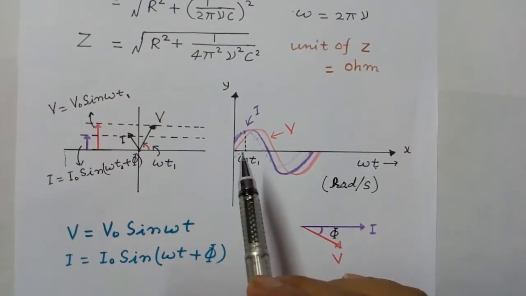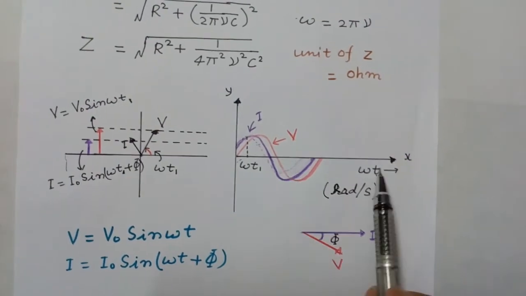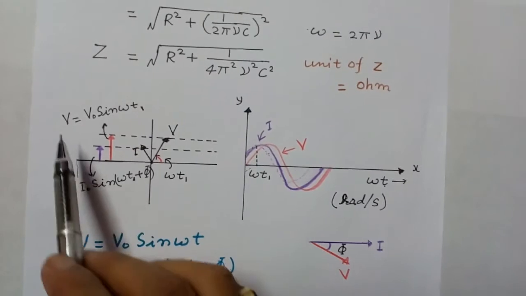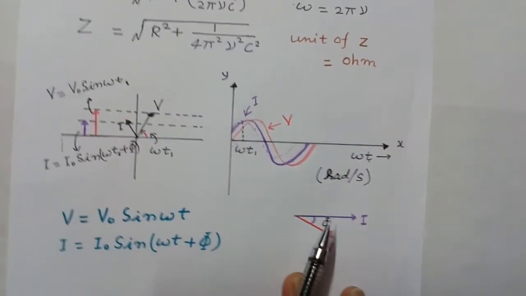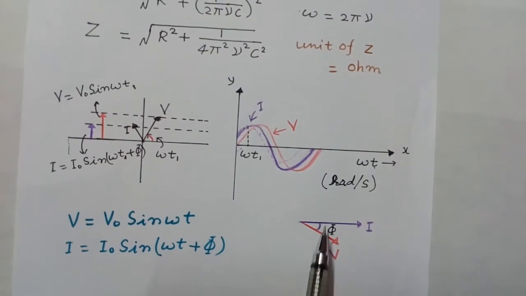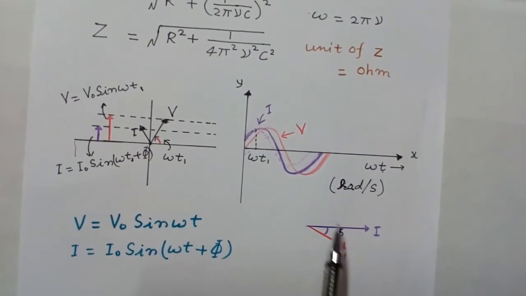This is graph between V and omega t and I and omega t. This is phasor diagram. Now in simple way, here current leads the voltage by phi radian.